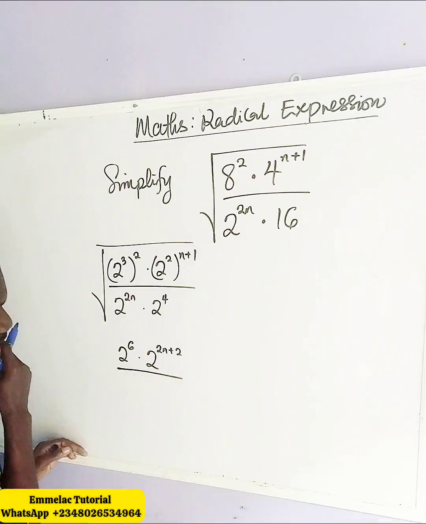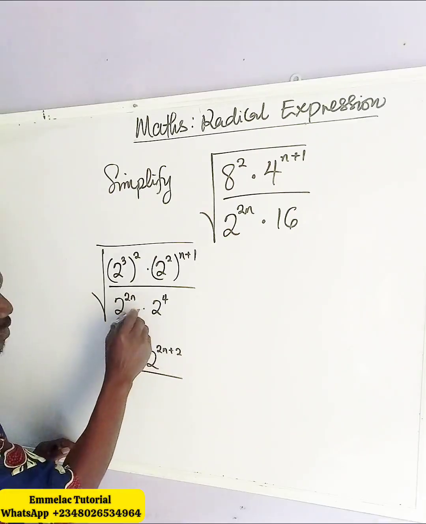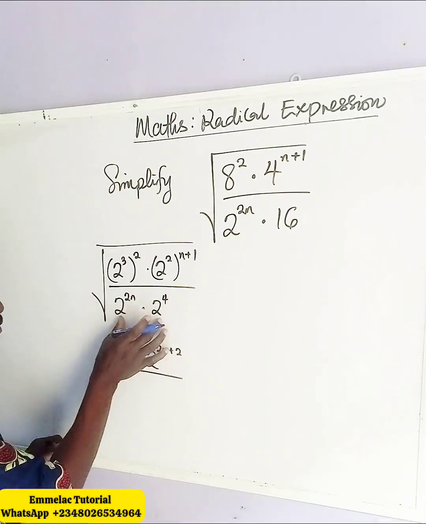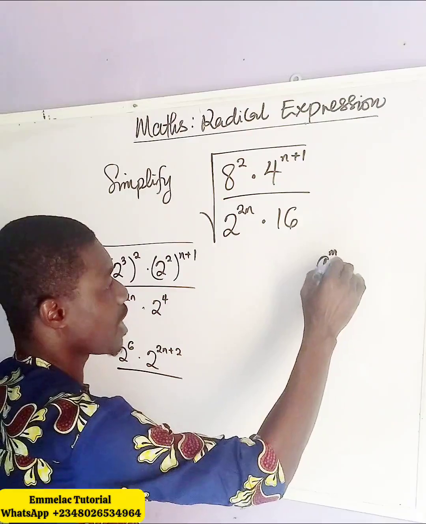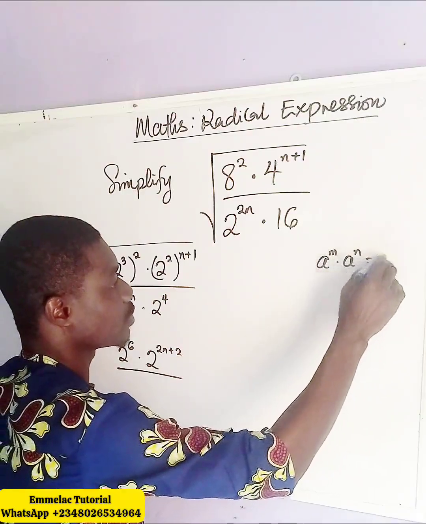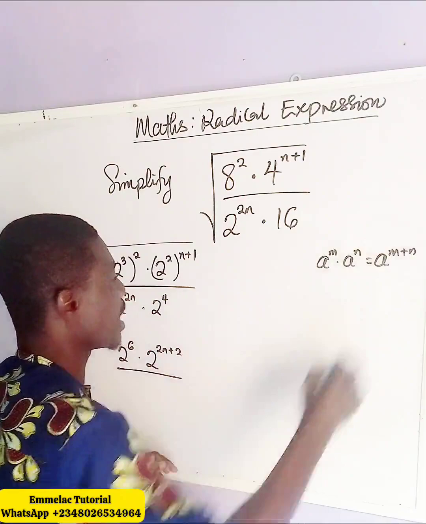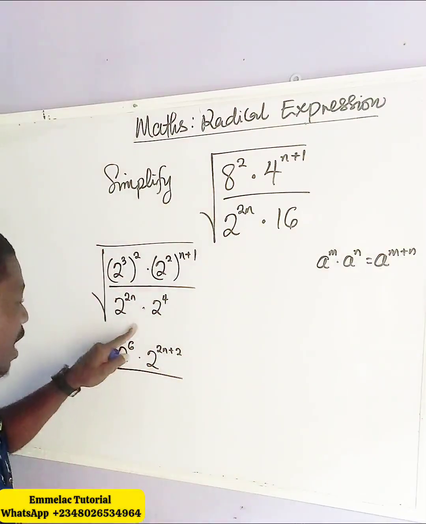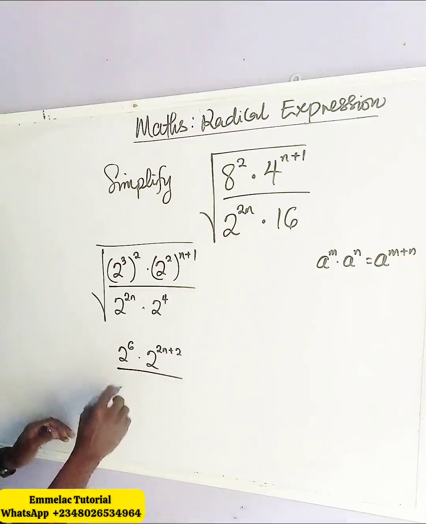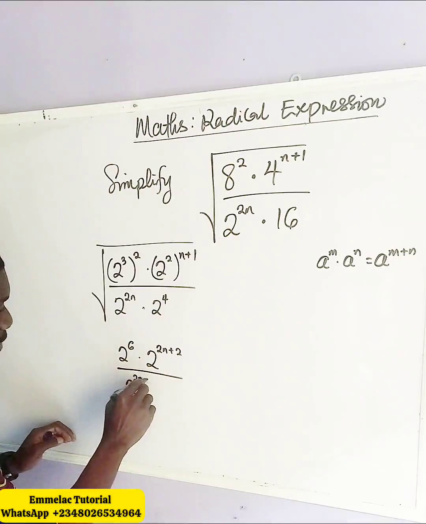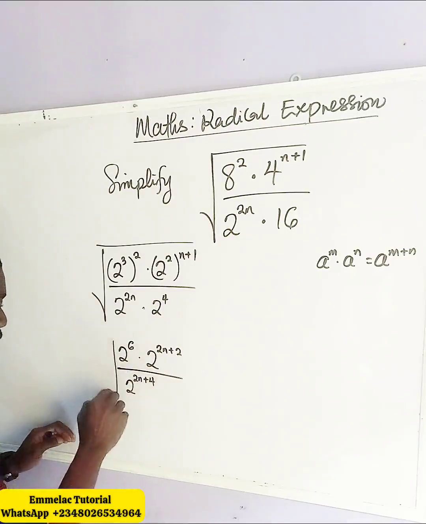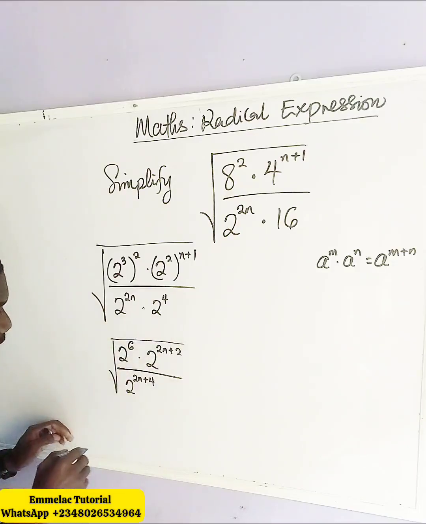Now let us work on this also. According to the law of indices, if you have a raised to the power of m times a raised to the power of n, this gives us a raised to the power of m plus n. Applying this rule here, this gives us 2 raised to the power of 2n plus 4. Let's take note of the radical here.